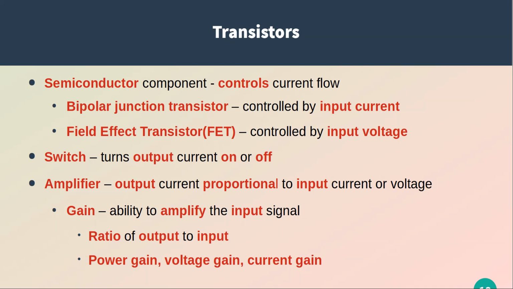It will amplify the input signal, but you've got to supply power to the device itself. And there's no such thing as a free lunch. So you're not going to get 100% efficiency, which is the ratio of the output power to the input power.